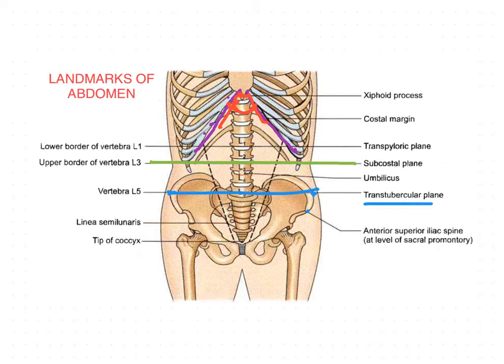So the transtubercular plane lies at the L5 lumbar vertebrae.